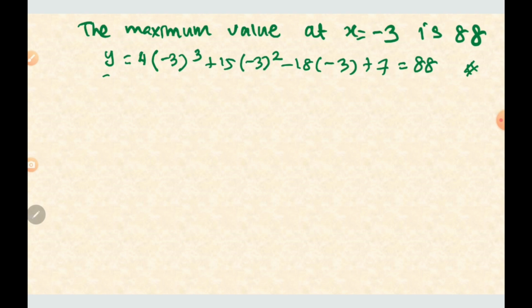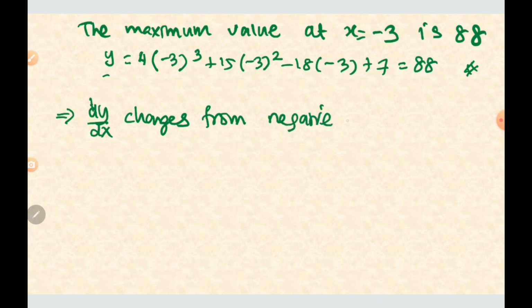Secondly, we can see that for the change from the second interval to the third interval, the sign for dy dx changes from negative to positive at x equals 1 over 2.